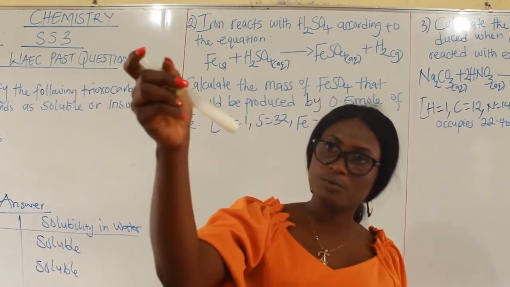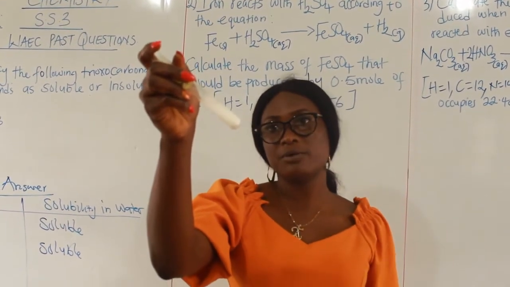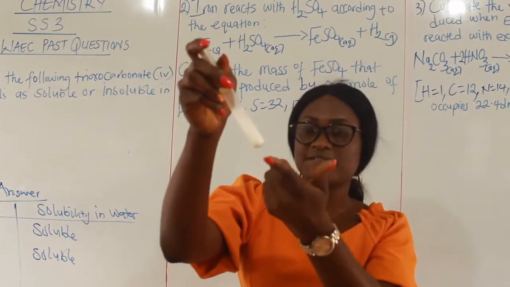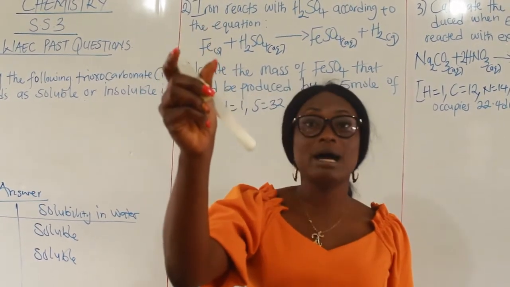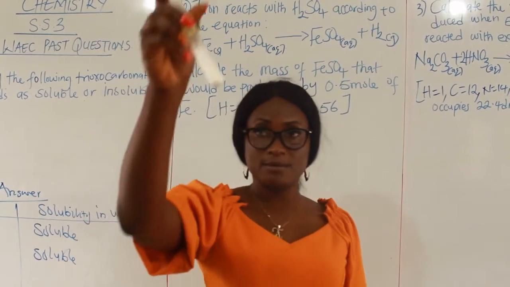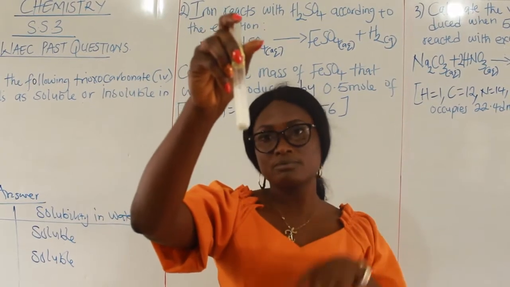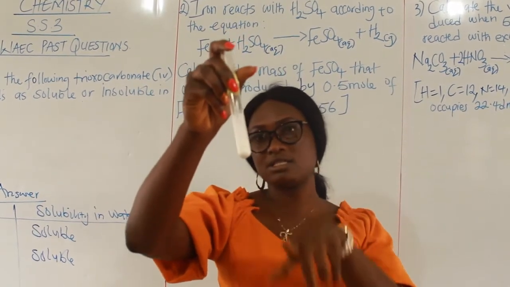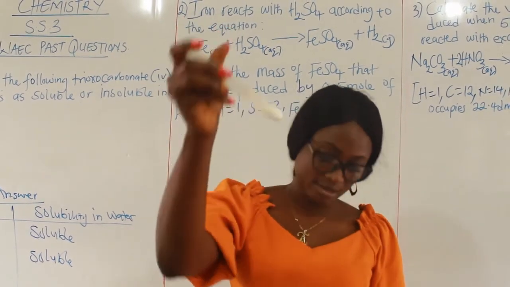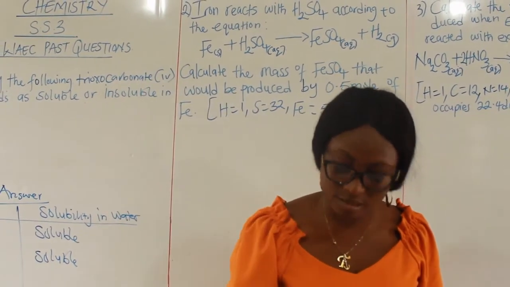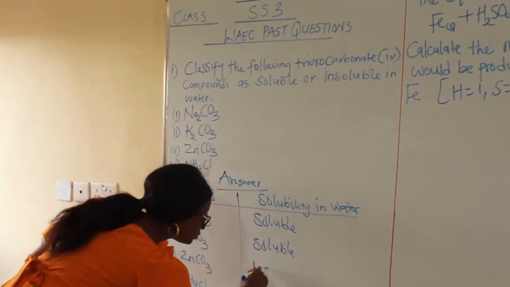Now if you look at the bottom, you see some particles of zinc carbonate. Because there is leftover zinc carbonate here, we say this compound is insoluble in water. Look at it again. If you let it lie for some time, it will begin to form back the zinc carbonate settling down here. So this compound is insoluble in water. So zinc carbonate is insoluble.